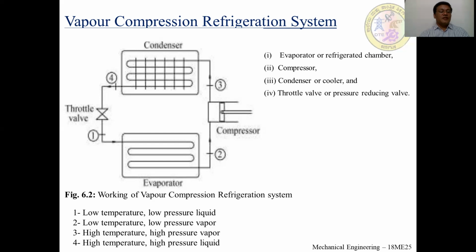After throttling, the refrigerant is a low temperature, low pressure liquid, and again the cycle repeats. So this is the working principle of the vapor compression refrigeration system.